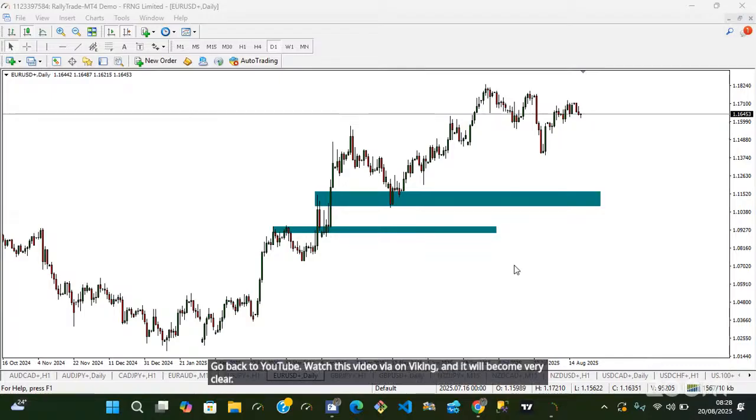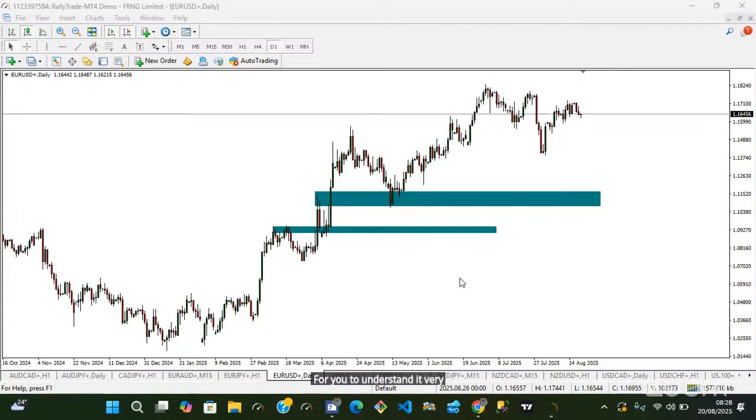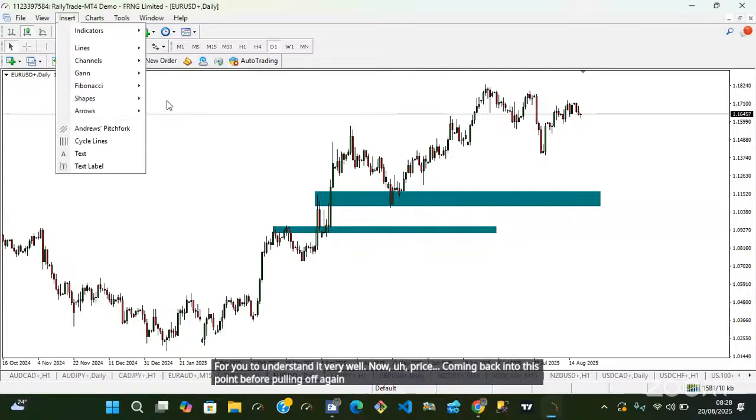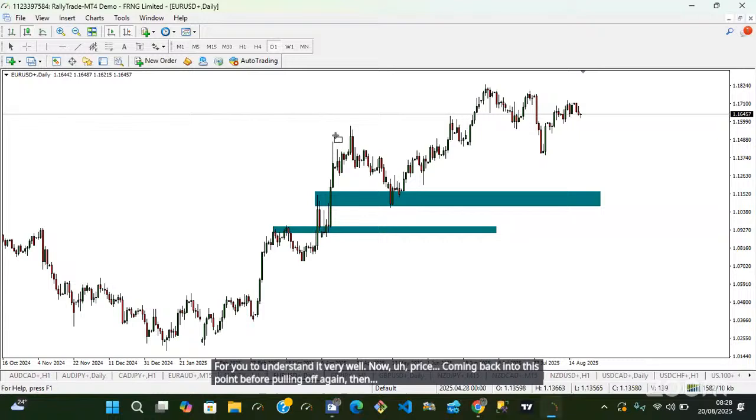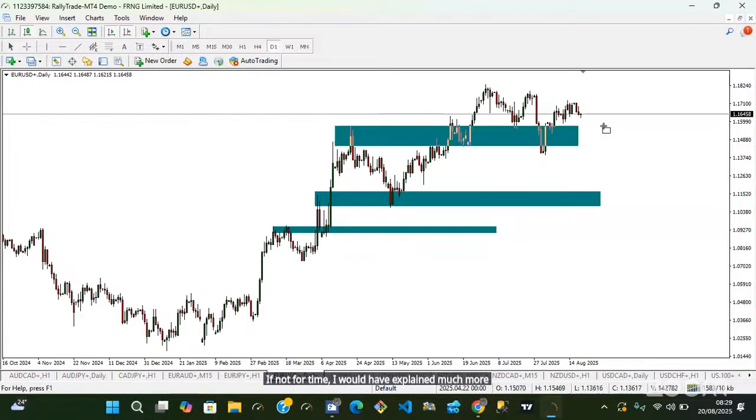They say faith comes by hearing. You need to listen here and here and hear this over and over again for you to understand it very well. Now, price coming back into this point before pulling off again, if not for time, I would have explained much more in detail.